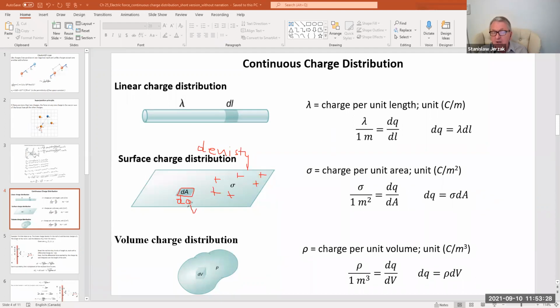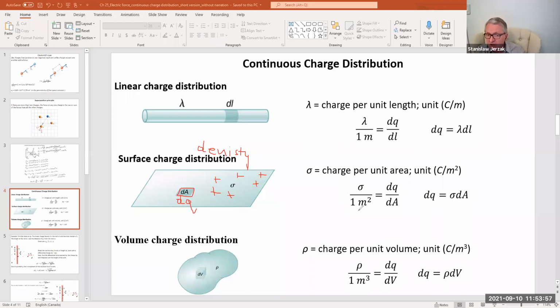If sigma is given, meaning the charge per 1 meter square is given, then we will have to find how much charge is on that area dA. So what is that dq?